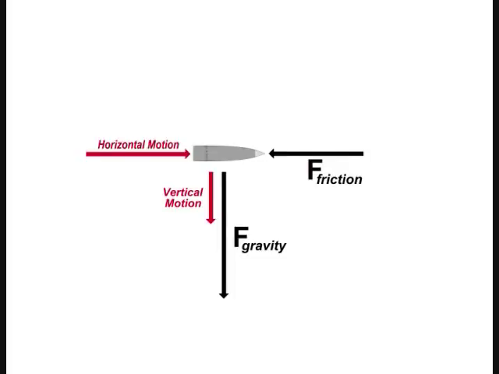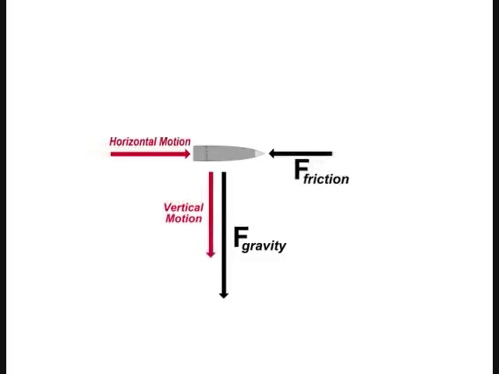The amount of friction is dependent on velocity as well. So the friction is going to be changing. You'll notice your force of gravity has stayed exactly the same, okay? So as the bullet's slowing down in its horizontal portion, the force of gravity is still constant. However, it is still accelerating the bullet towards the ground in a vertical motion. So that's kind of how that works. Let's look at this in a different diagram.